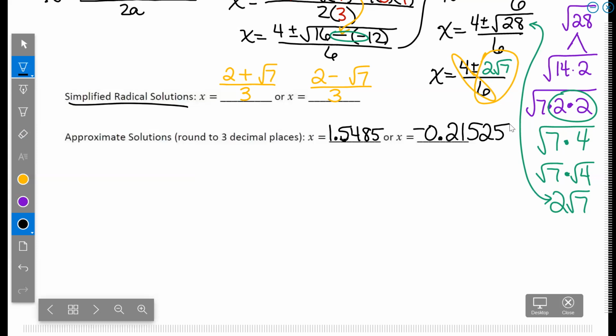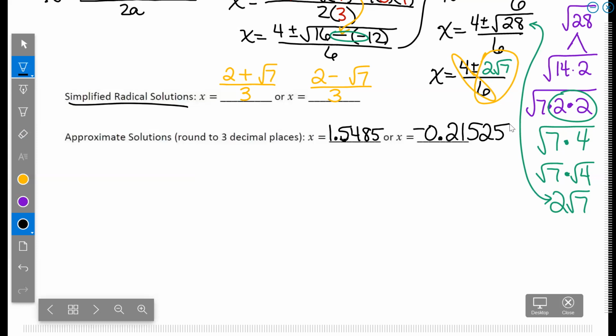On the exam, you need to always be giving me 3 numbers after the decimal point. That way, if it's off by just a little bit, or if I'm not sure if you rounded, I can compare your numbers to my numbers. So give me at least 3 numbers after the decimal point so I can make sure that yours and mine match.